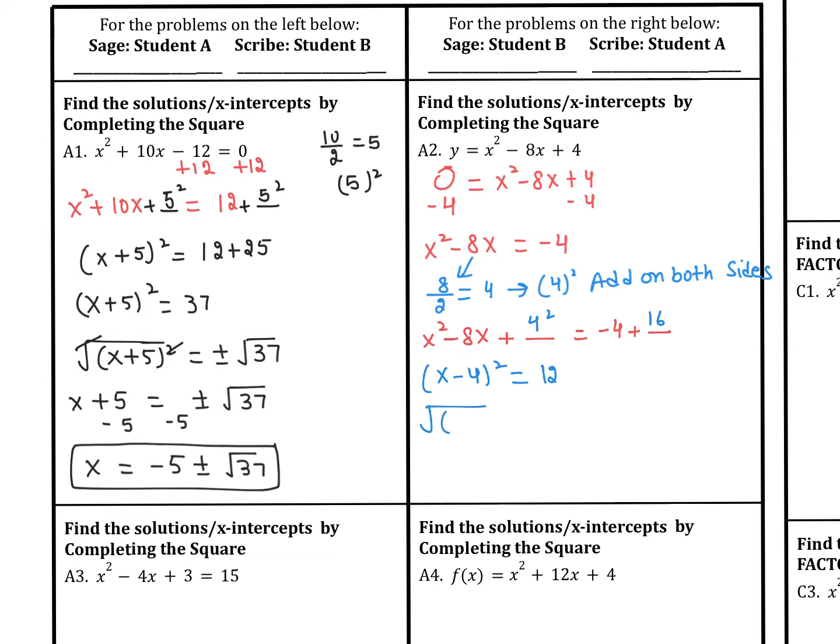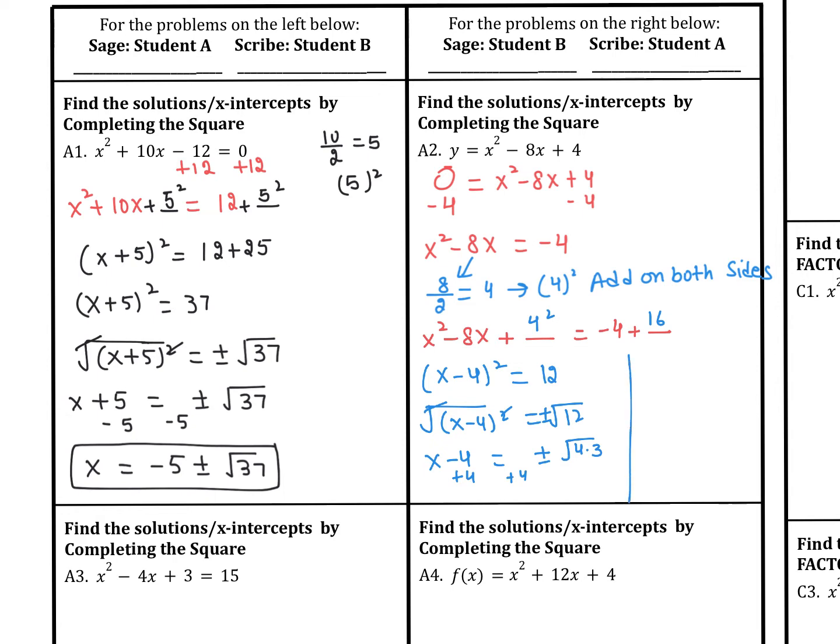When you square root on both sides, you're going to get x minus 4 equals plus or minus square root 12. You can write 12 as 4 times 3. Add 4 on both sides.